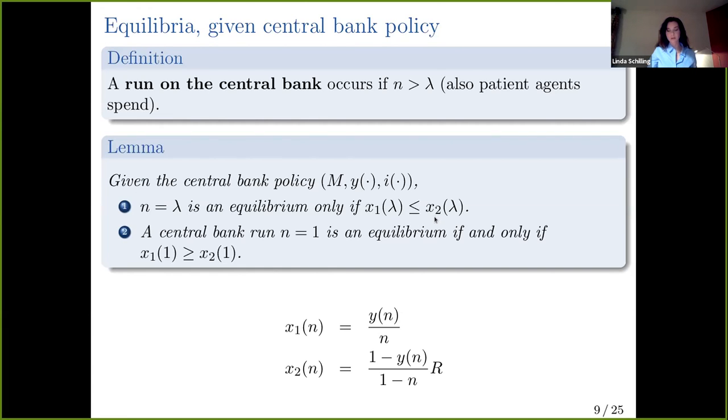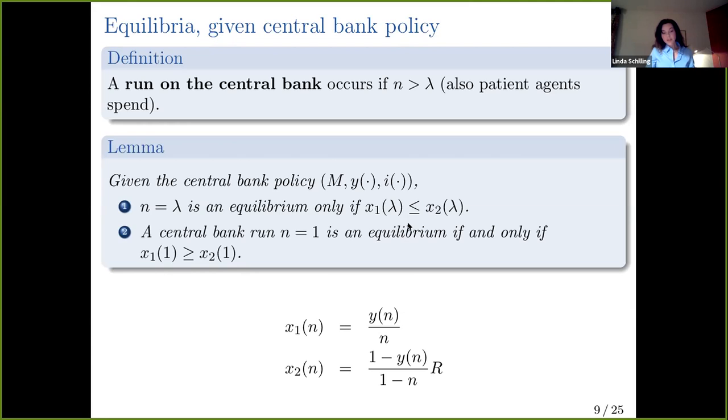And that's simply because as the agents learn that they are patient, they observe the central bank policy and then make their strategic decision whether they spend rather late or early. So given low spending behavior, it has to be the case that the late consumption is higher for the case that impatient agents are only spending.